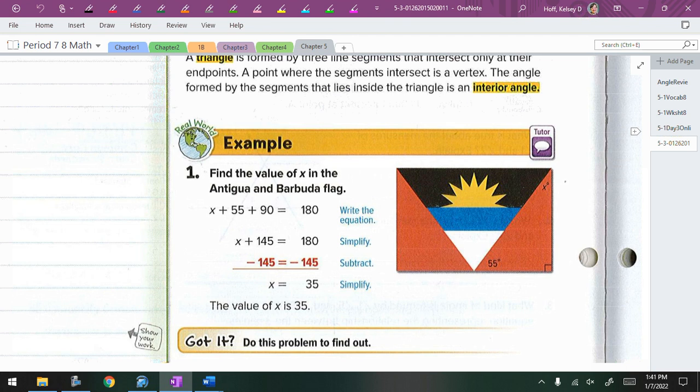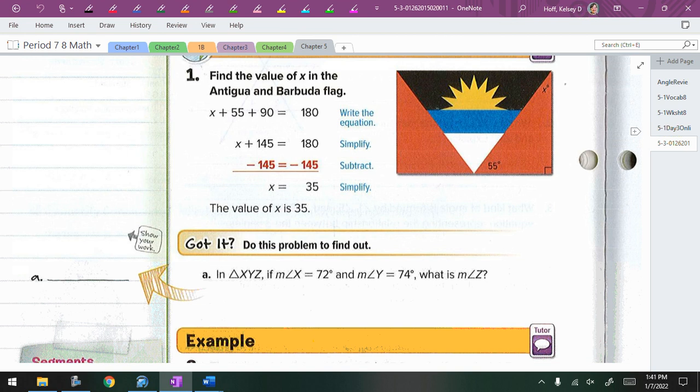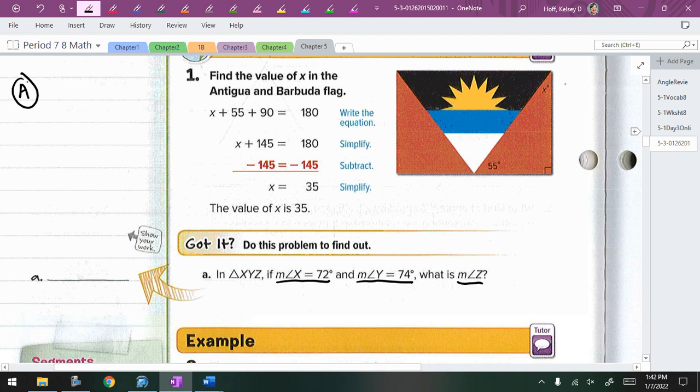Okay? Got it. A says in triangle XYZ, X is 72 degrees, Y is 74 degrees, and they want to know the measure of angle Z. How many angles are in that triangle? And what are they labeled?